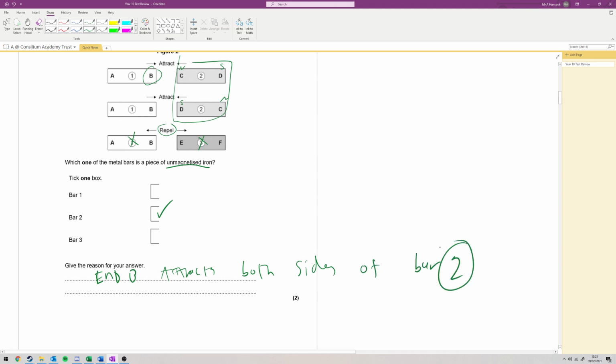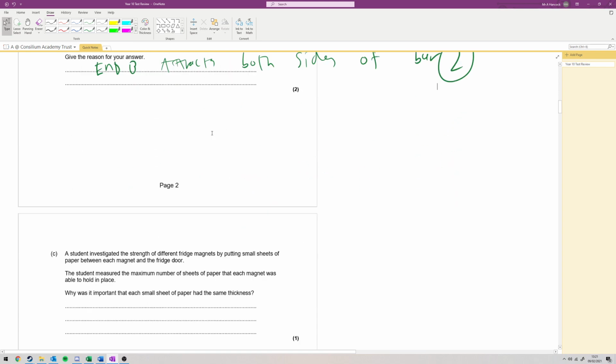So that must mean that bar 2 is a piece of unmagnetized iron. You could say that because bar 1 and 3 only magnets repel, and bar 2 doesn't repel anything, that is also the same answer.